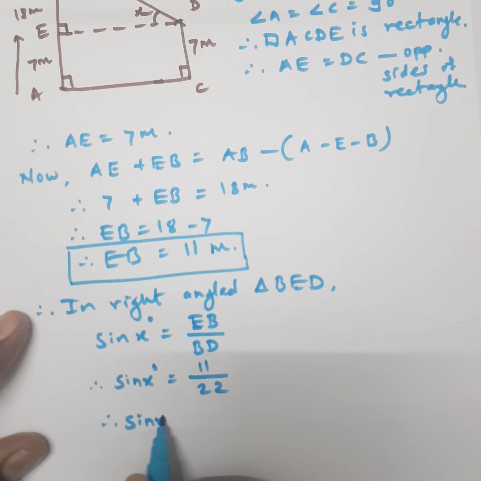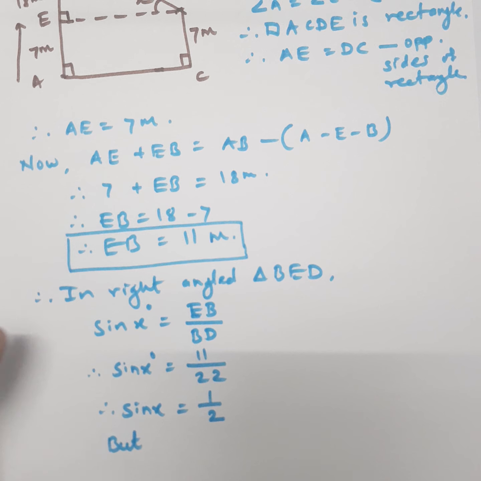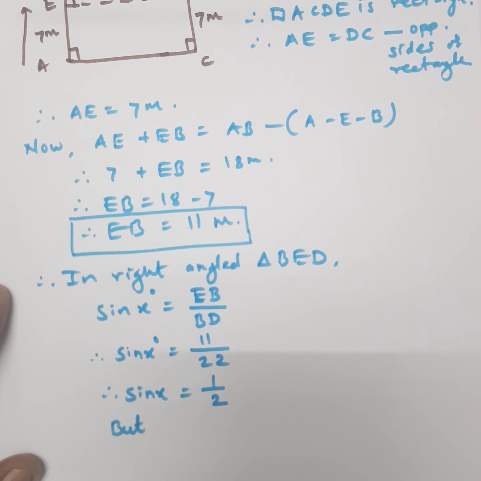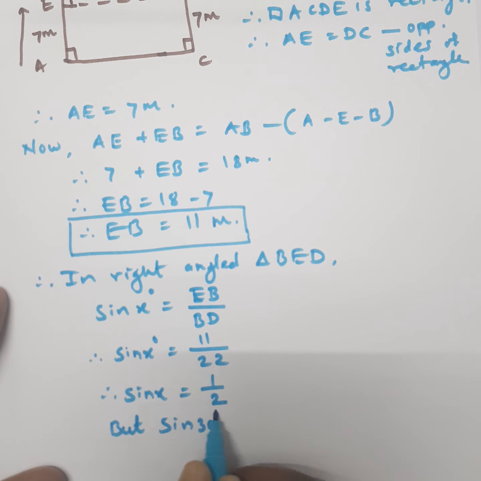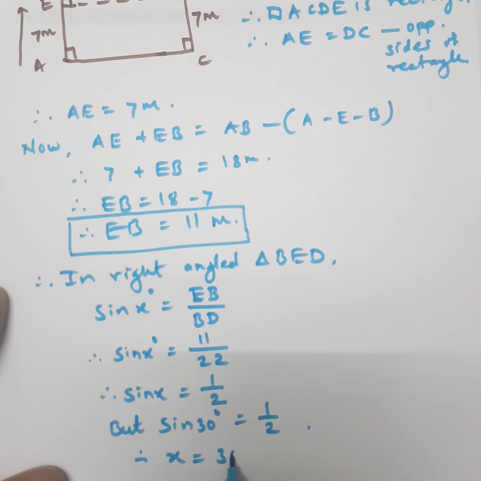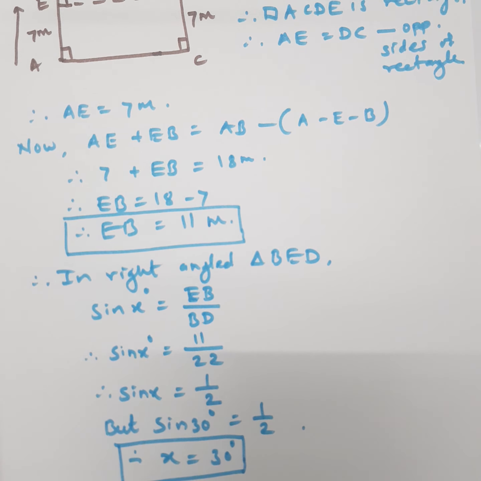Therefore, sin x is equal to 1 upon 2. But which angle has sine ratio 1 upon 2? From the table we can write that sin 30 is equal to 1 upon 2. Therefore, x is equal to 30 degree, means the angle made by the wire with horizontal is 30 degree.